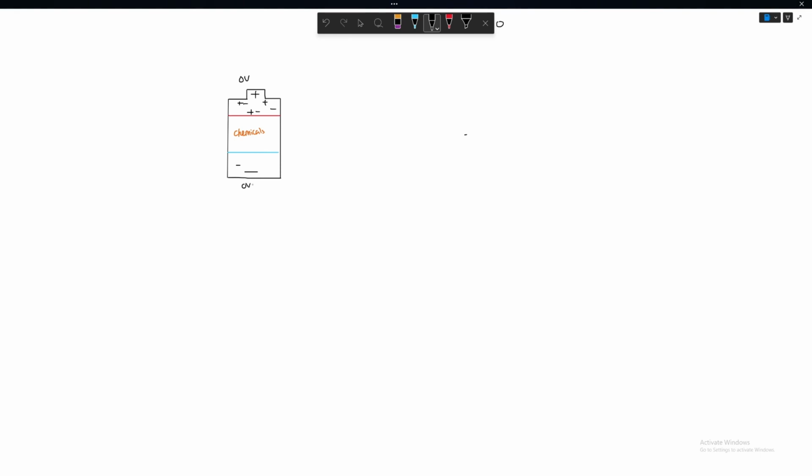I have 0 volts. And here, they're not really struggling for positives. Each negative got its own positive. So here is also 0 volts. And so the potential difference becomes 0. And that's when you don't get any energy. And that's how a battery works.